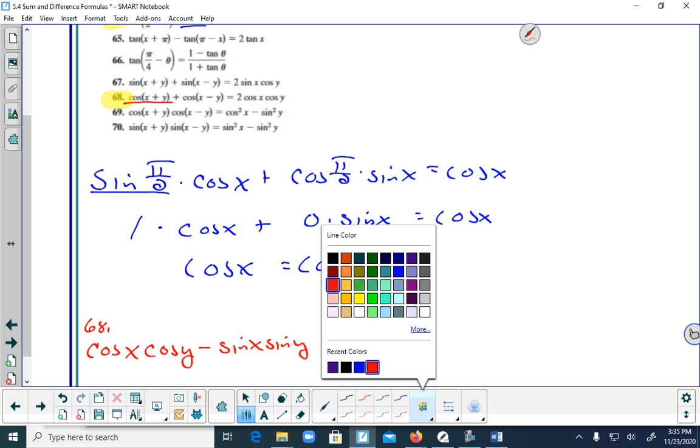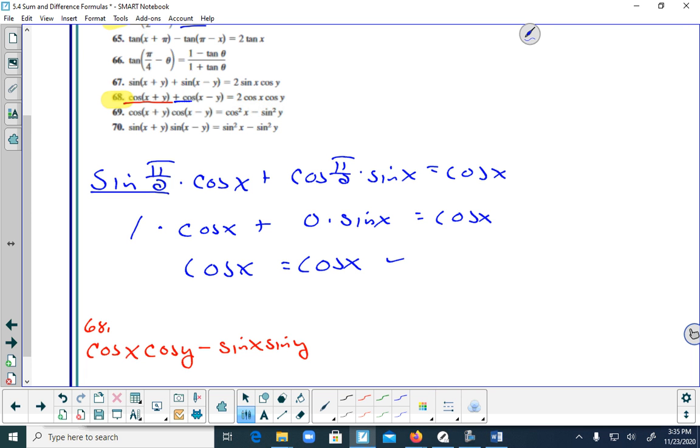And now I have this plus, so I'm going to put a plus sign, and the cosine of x minus y will be cosine x cosine y plus sine x sine y. And I'm trying to show that that's equal to 2 cosine x cosine y.